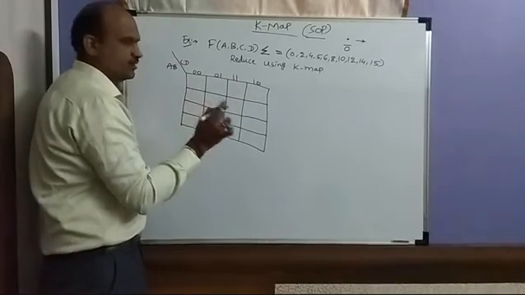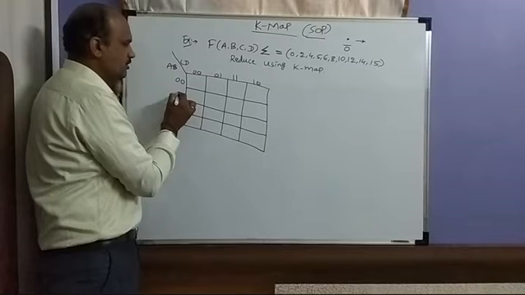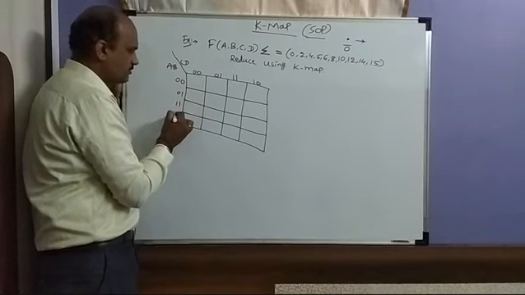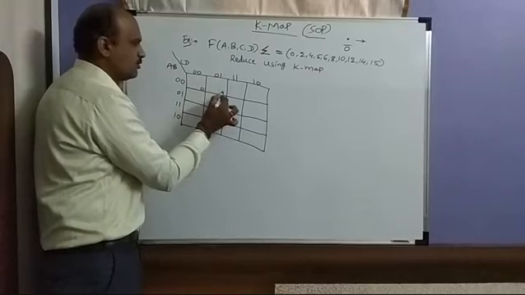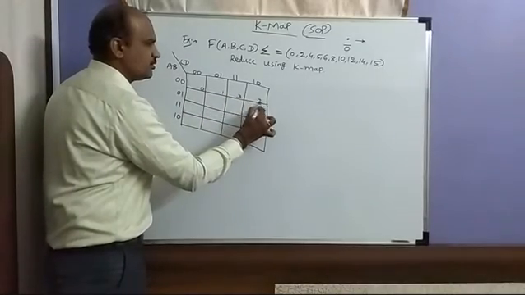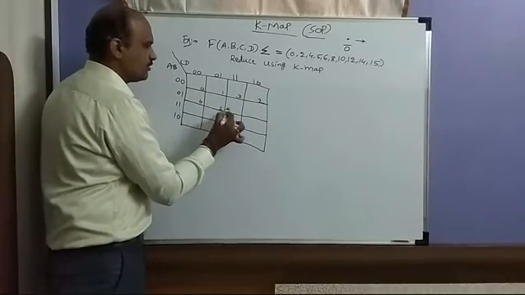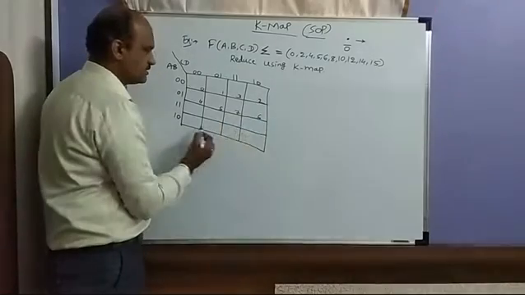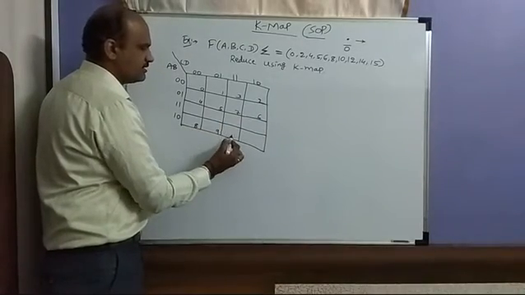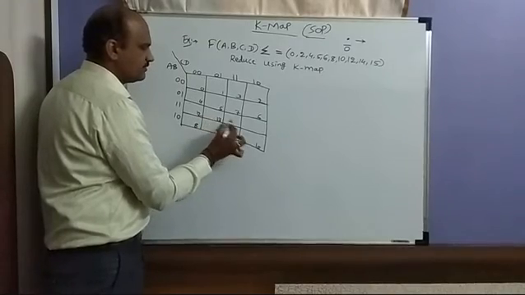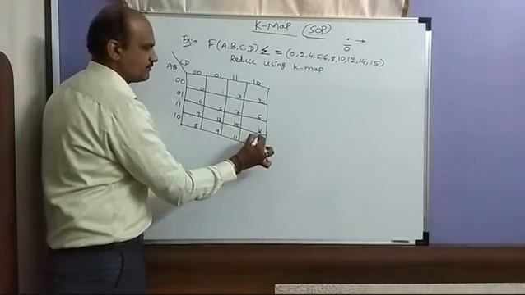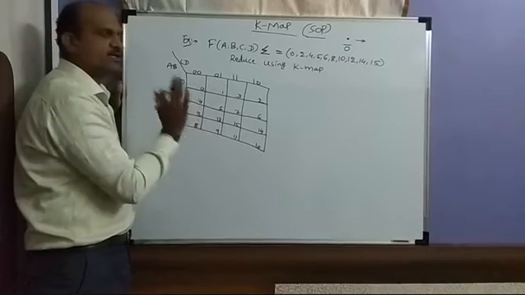Not 1, 0, 1, 1. Remember. Then 0, 0, 0, 1, 1, 1, 1, 0. Then the numbering system: 0, 1, 3, 2, 4, 5, 7, 6, 8, 9, 11, 10, 12, 13, 15, 14. First you have to write this one.